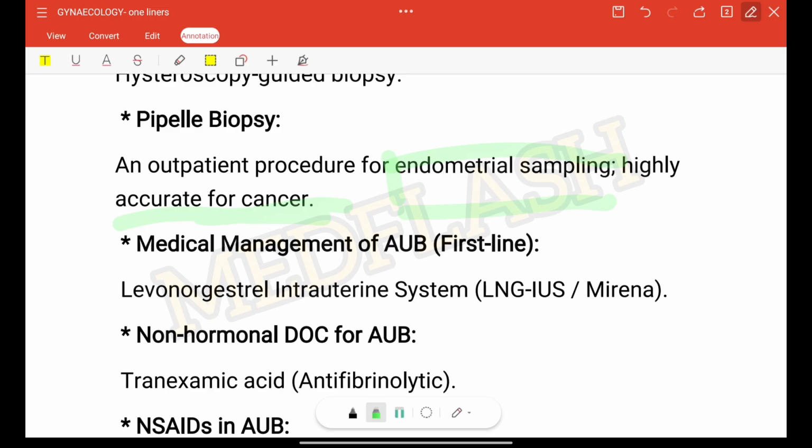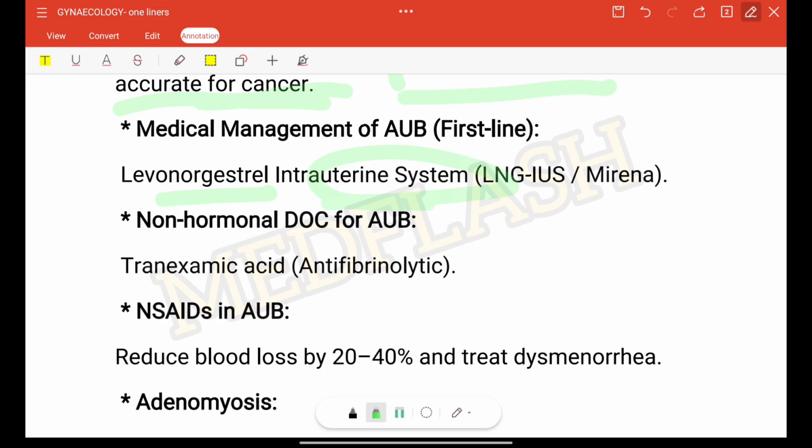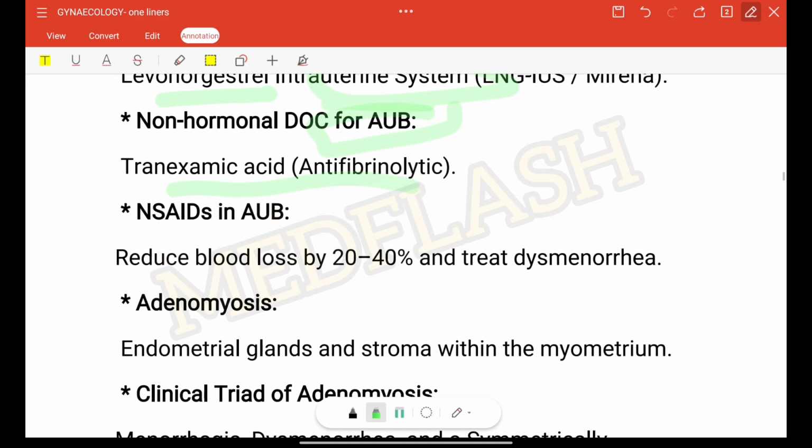Medical management of AUB: first line is the levonorgestrel intrauterine system, or Mirena. Non-hormonal drug of choice for AUB is tranexamic acid. NSAIDs in AUB reduce blood loss by 20 to 40% and treat dysmenorrhea.